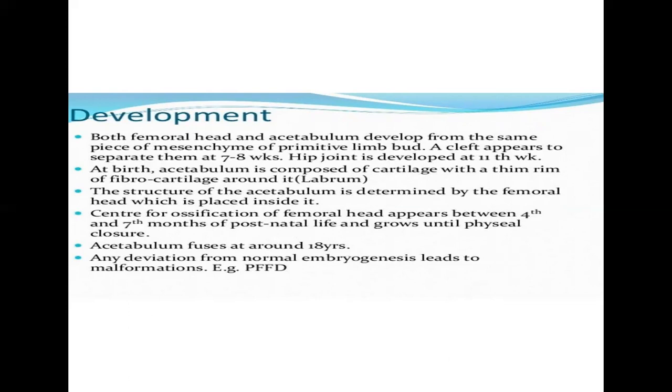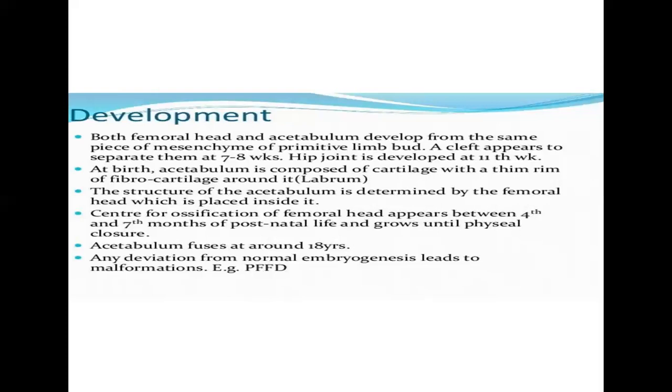The structure of the acetabulum is determined by the femoral head placed inside it. The center of ossification of the femoral head appears between the 4th and 7th month of postnatal life and grows until physeal closure. The acetabulum fuses at around 18 years.